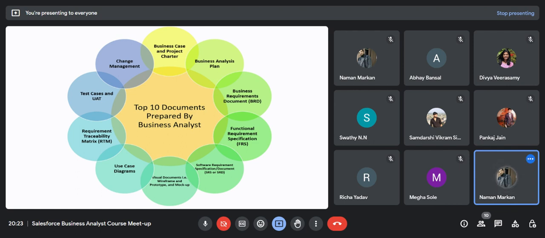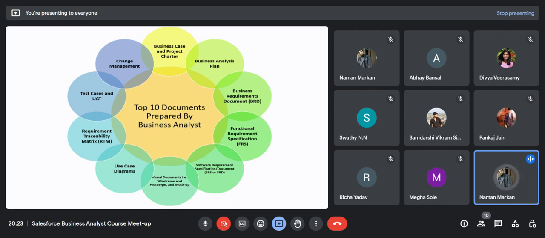We can say the project type: how the project looks, and whether it is related to IT, finance, or something else. So first we have to look into the project and the project type.